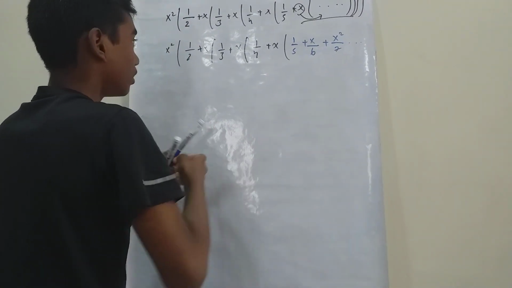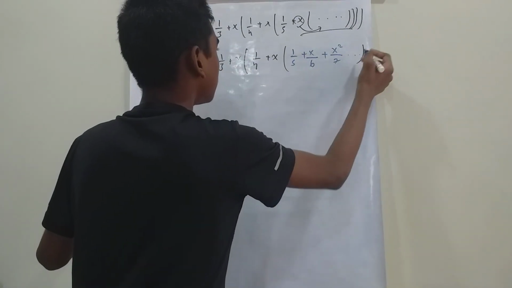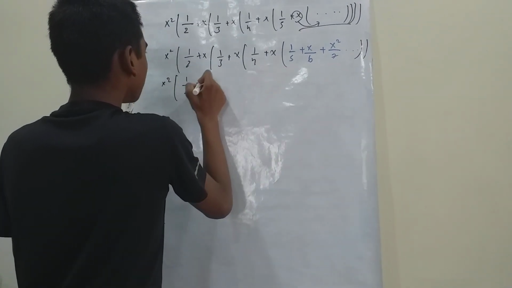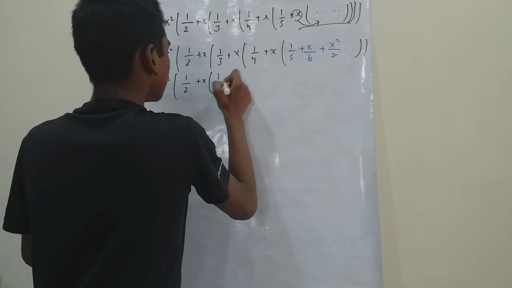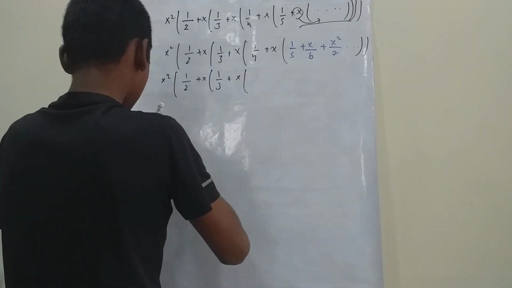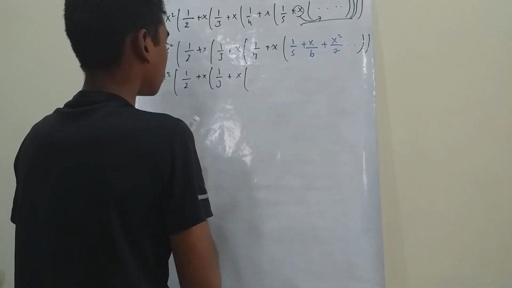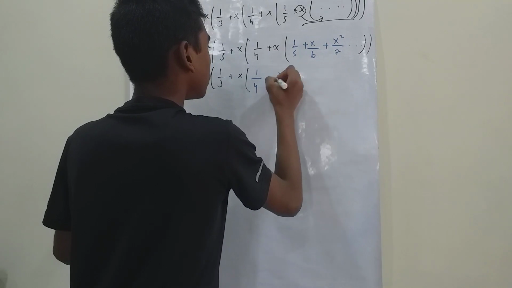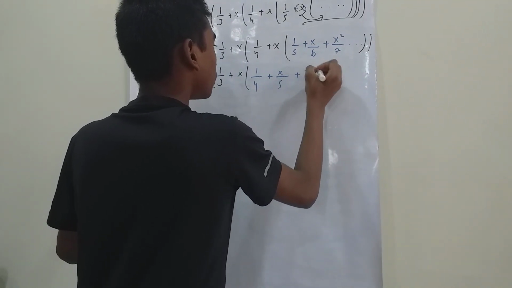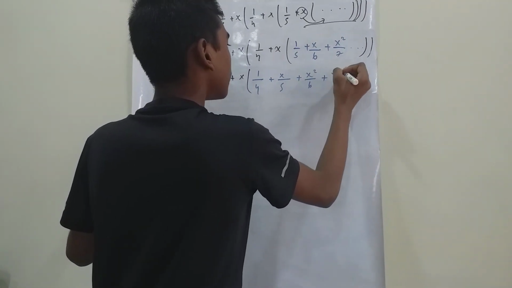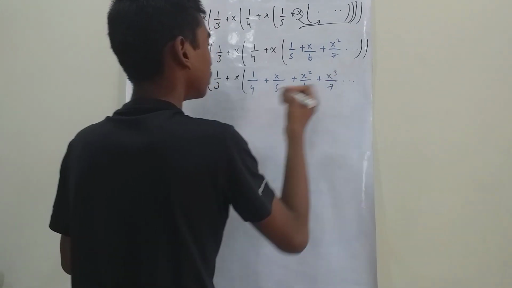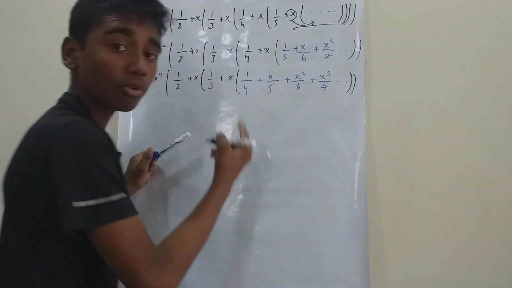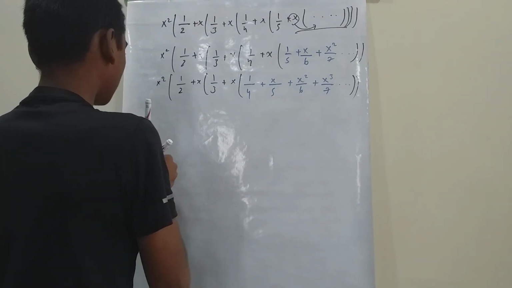So then we've got to multiply the other x, so x squared times half plus x times 1/3 plus x times, now this one, so it gives me 1/4 plus x over 5 plus x squared over 6 plus x cubed over 7 and so on. Right. So if I just continue doing this process, I get a good value.